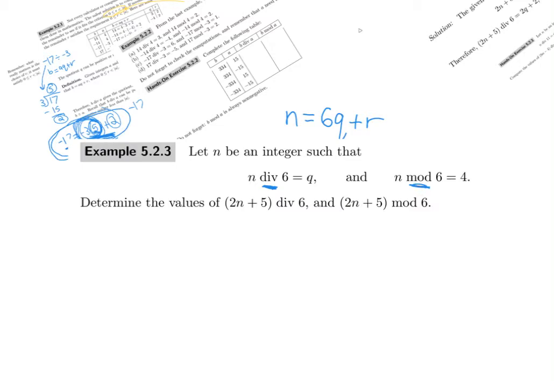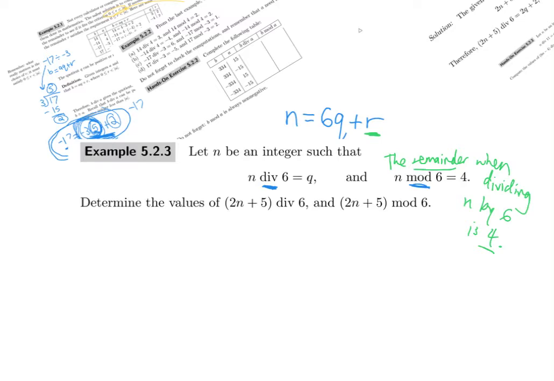What about the mod? n mod 6 is the remainder we get when we divide n by 6. So this is saying, and I'll write it in words, the remainder when dividing n by 6 is 4. The remainder is 4.